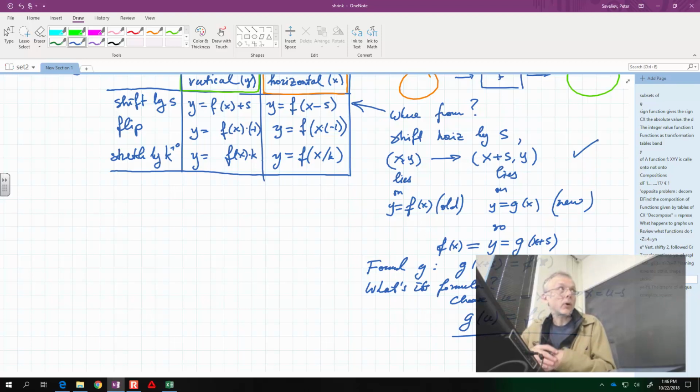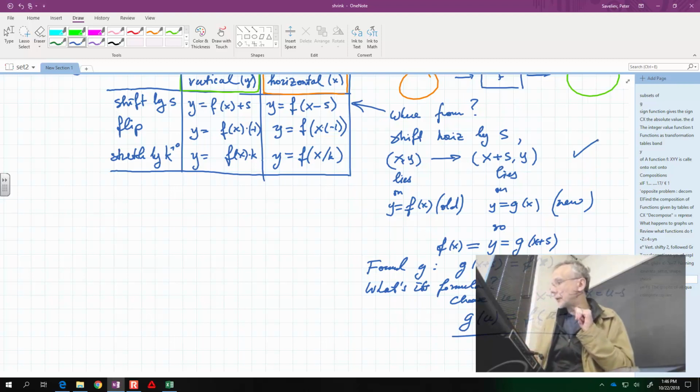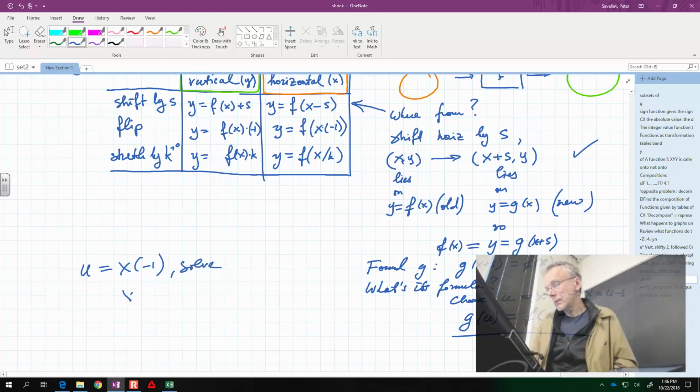Now go down to the second line. In the second line, we are in the same situation. We're solving an equation, which would be what? u is equal to x times -1. Solve, and x is equal to u times -1, or u divided by -1, the same thing.